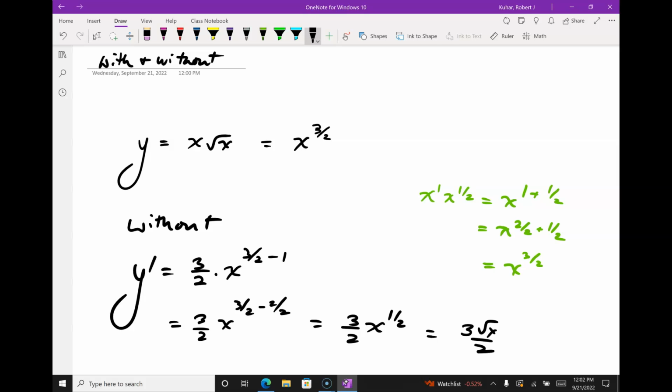What? You bring down the power, that's the 3/2, and you subtract 1 from the power. 2 over 2 is 1. Yep.